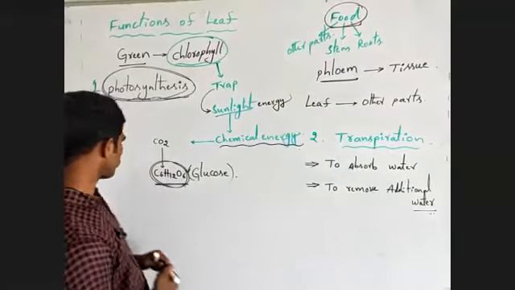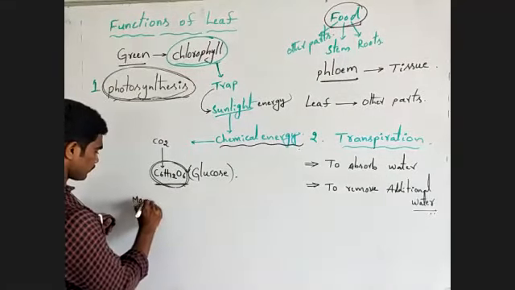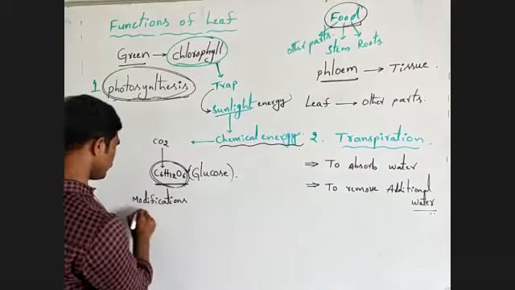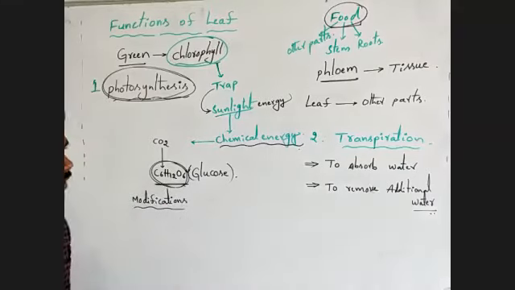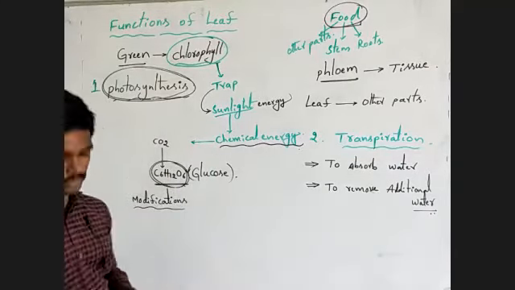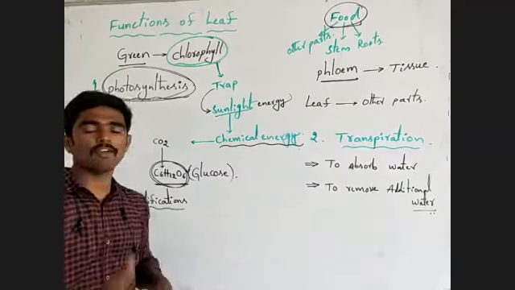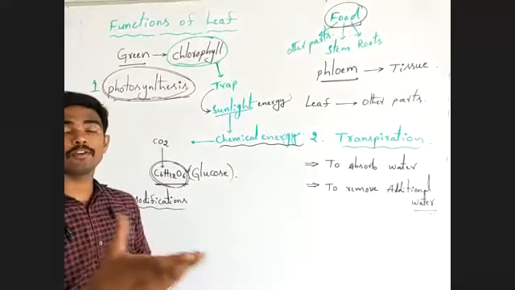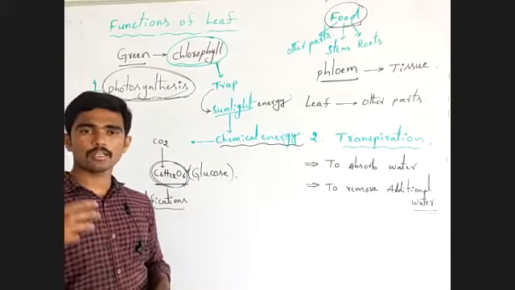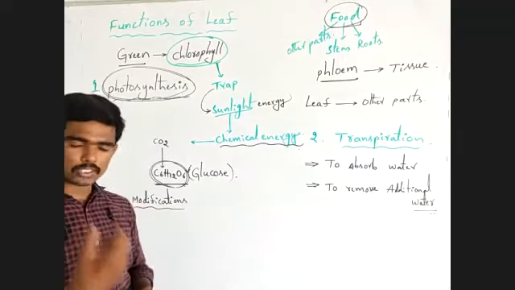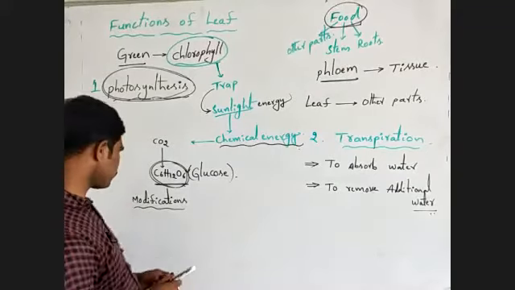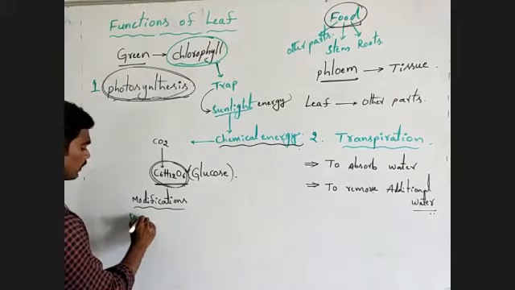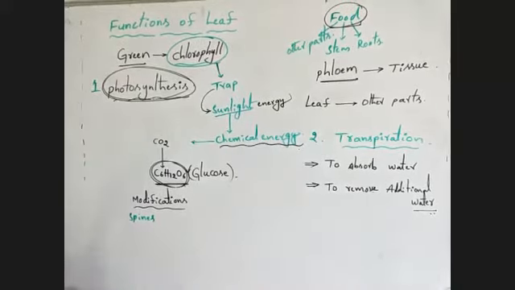Next is modifications of leaf. In addition to these functions, to perform additional functions, in some plants, leaves are modified. Leaves are permanently, structurally modified. For example, spine. In some plants, leaves are modified into spine.